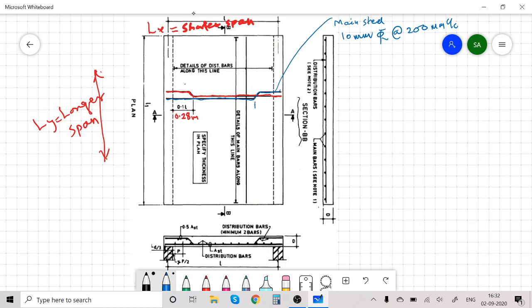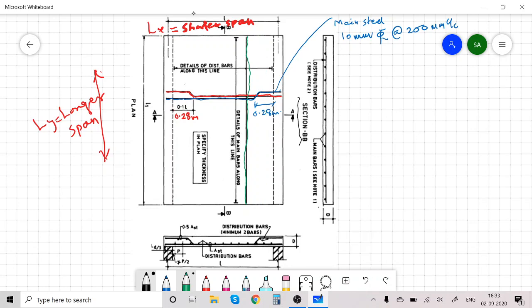Bend this bar from the face of support at a distance 0.28 meter. So likewise you will lay the main steel bar along shorter span direction, and then the distribution steel is given as 6 mm diameter at 150 mm center to center. So this is the distribution steel, straight bars.